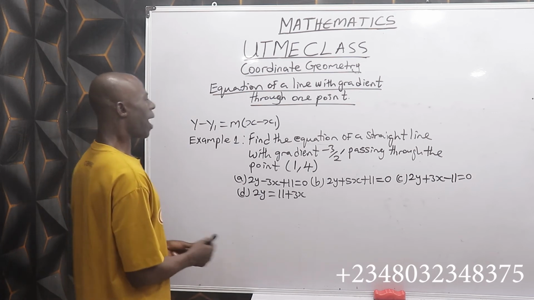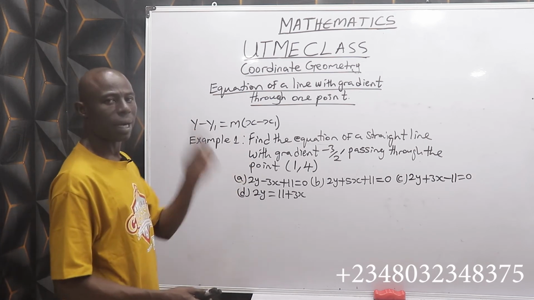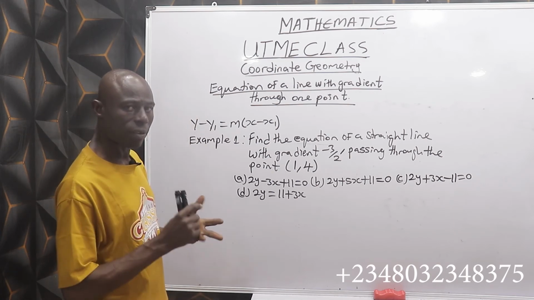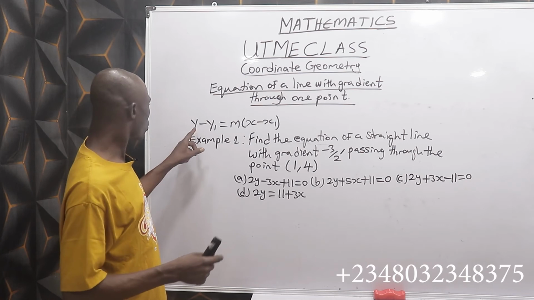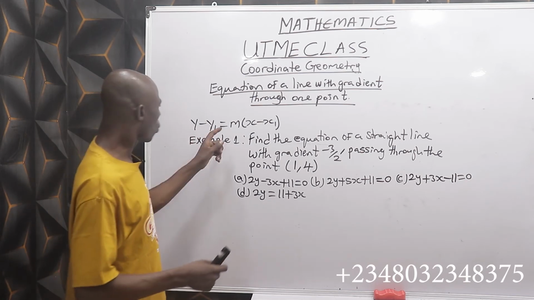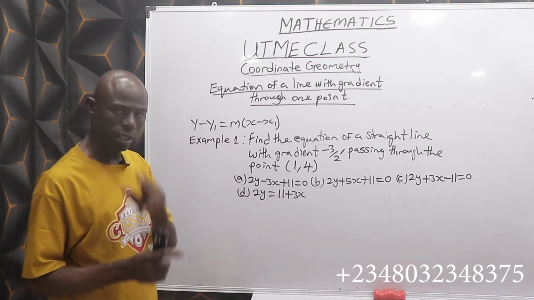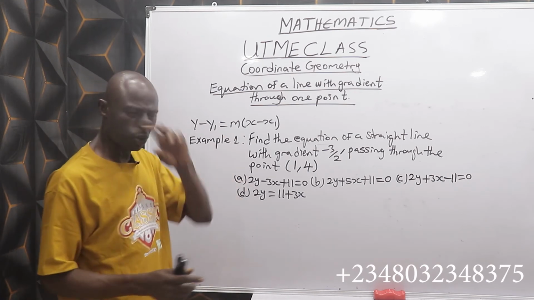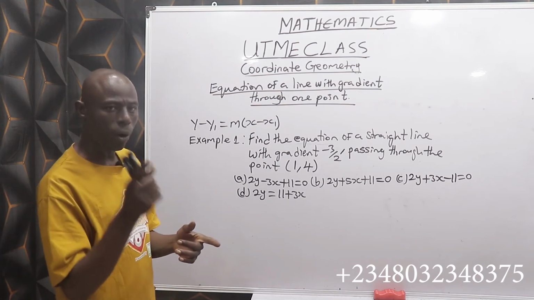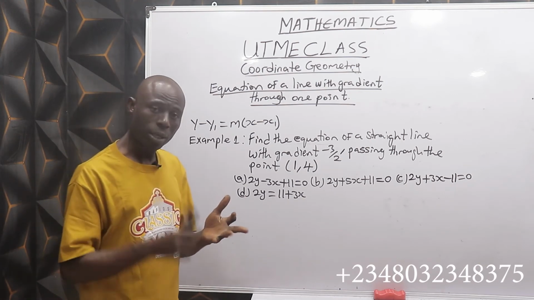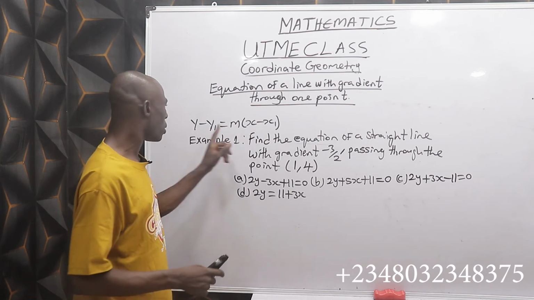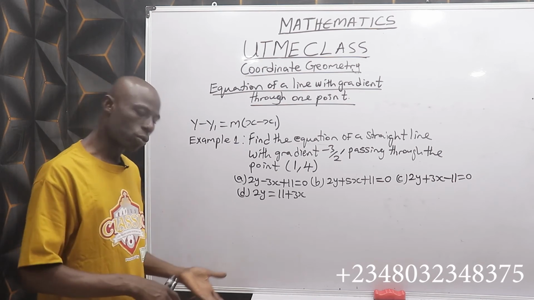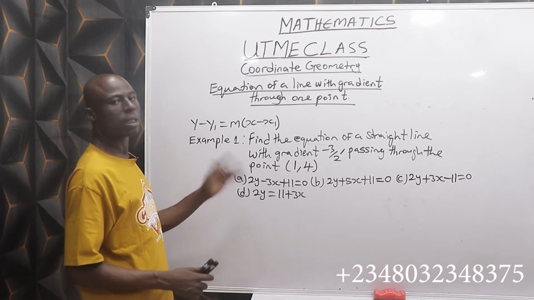So the formula for finding the equation of a straight line with gradient given and 1 point given is y minus y1 equals m into x minus x1. Remember, m is gradient. Since we are given only 1 point, that 1 point will contain x1 and y1. In 2 points, we have x2, we have y2. But only 1 point, we have just this.